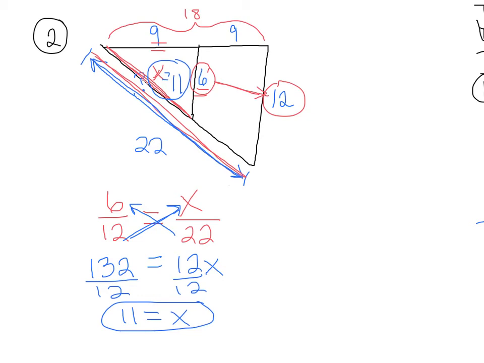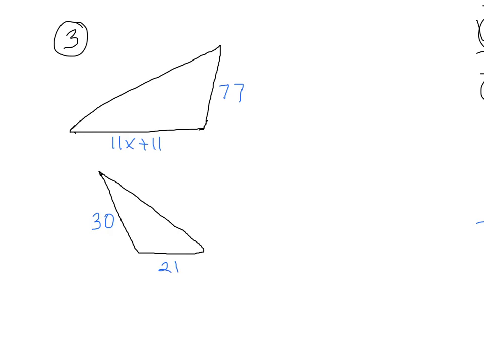Here's our final example. After drawing these two triangles in your notes, and again, they don't need to be perfect, I'd like you to try to set up a proportion. That's that equation, a fraction equal to another fraction.